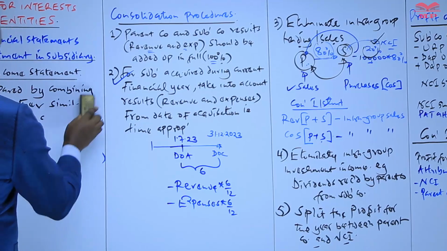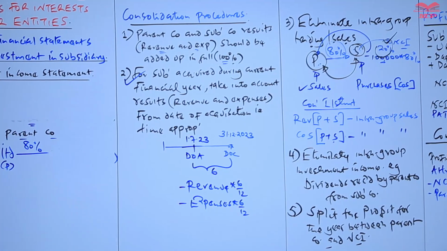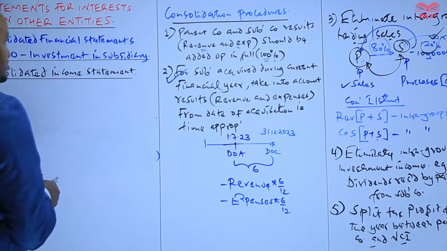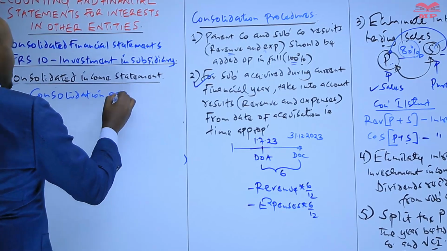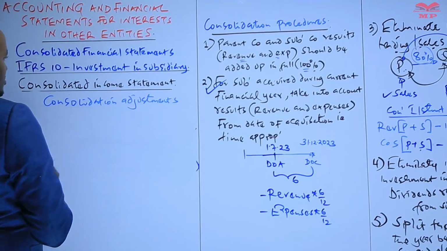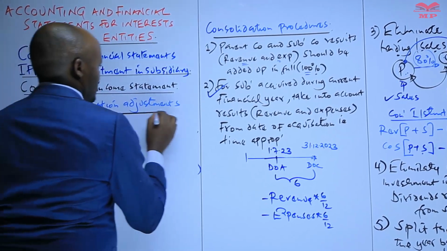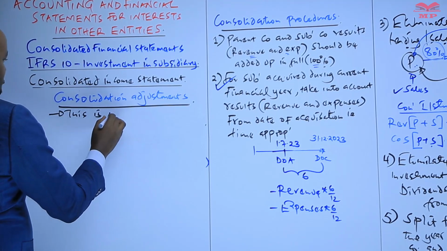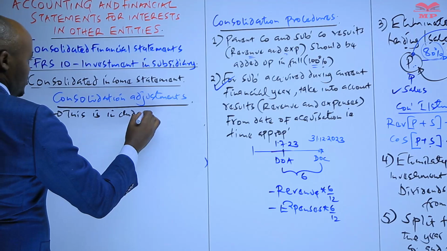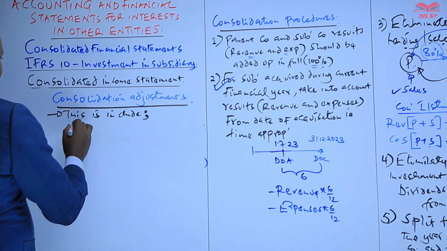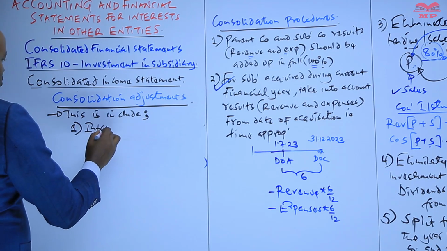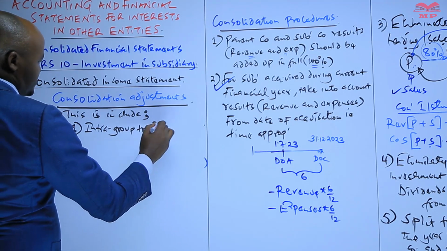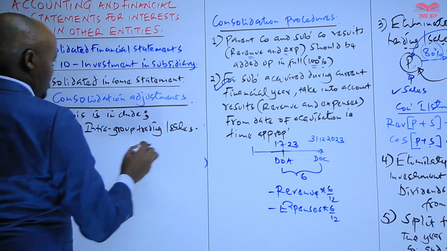So we look at those consolidation adjustments. We can say that this includes, number one, adjustment relating to intra-group trading, or in other terms, intra-group sales.